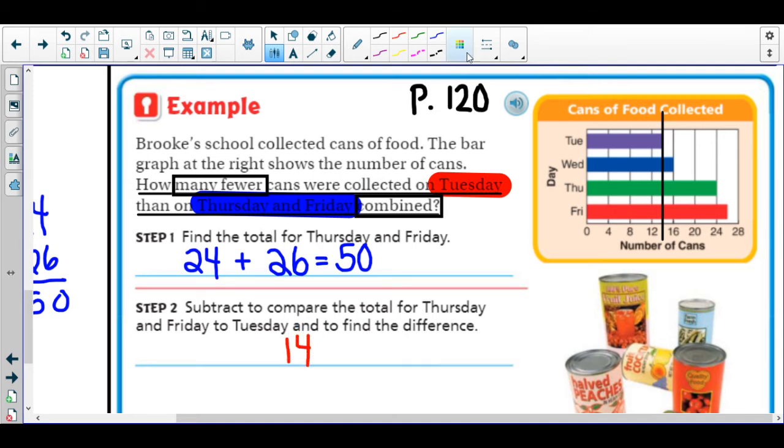And then what we need to do, finding the difference, we will subtract the 50 that we got in the first part.